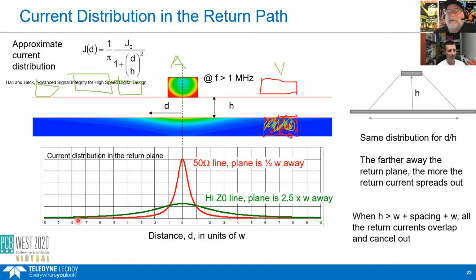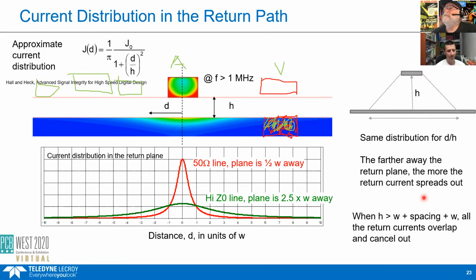It spreads out more. And so the simple, intuitive engineering way of thinking about it, if here's our signal line, here's our return path, think about it as kind of like a 45-degree right triangle. That's the extent of the return current. When the dielectric thickness is thin, so it's closer to 50 ohms, then the return current spreads out a little bit on either side. As I pull that plane farther away, the return current spreads out more and more and more.